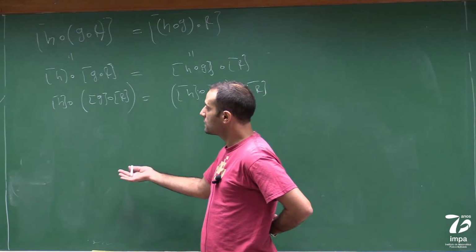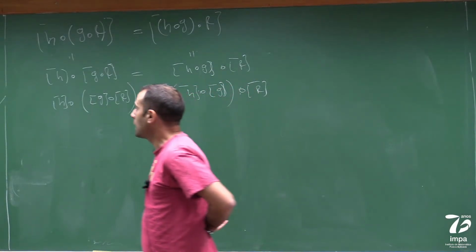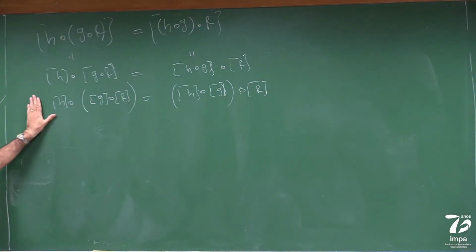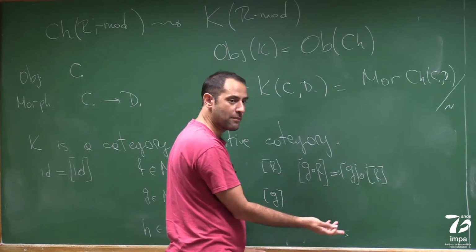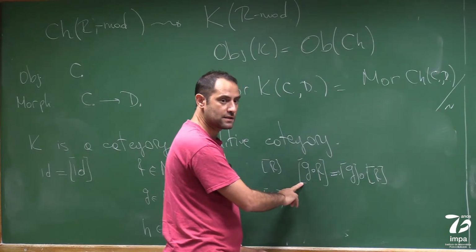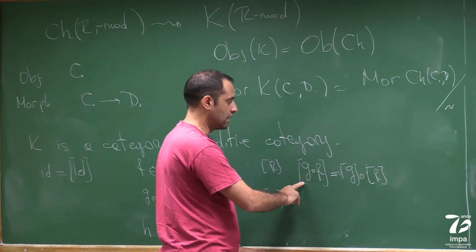So we have identities and we have associativity of the composition, but what we need to check is that we have a composition. So I need to check that this guy here is well defined. That if I change G by another representative, then this class is the same.